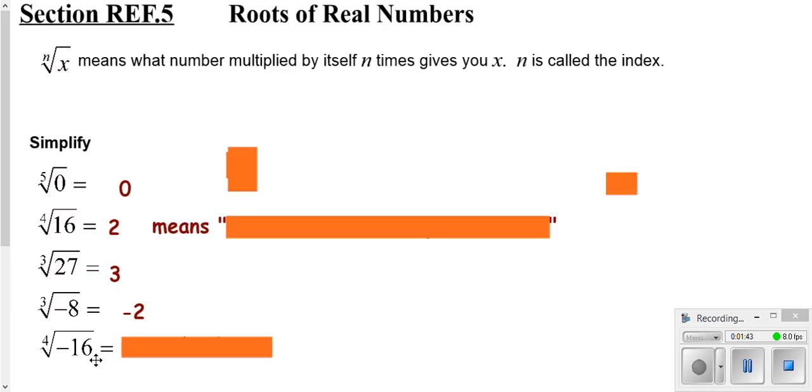Times your fourth negative 2 would be positive 16. So negative 2 doesn't work. Well, positive 2 won't work either because 2 times itself 4 times would still be positive. So this one has no real solution. It does have a solution, and we'll get to what that is later in this chapter, but it does not have a real solution, as in a real number.